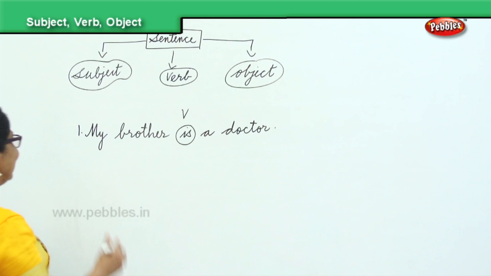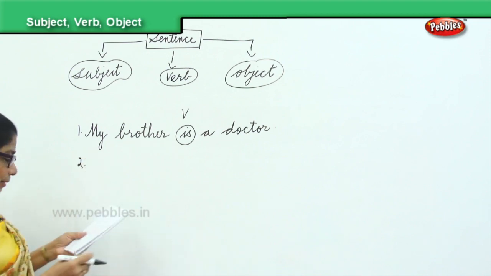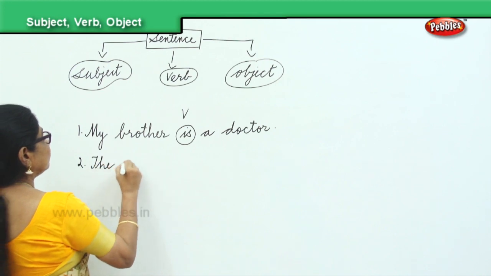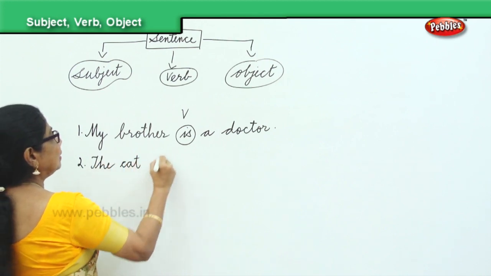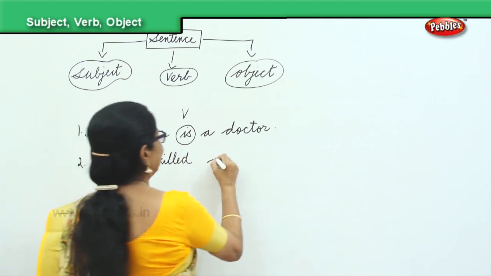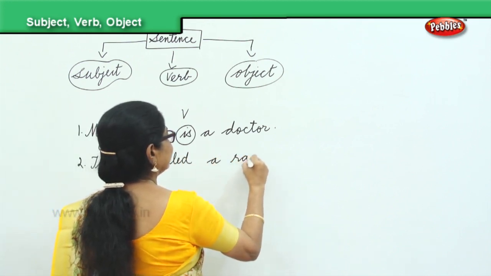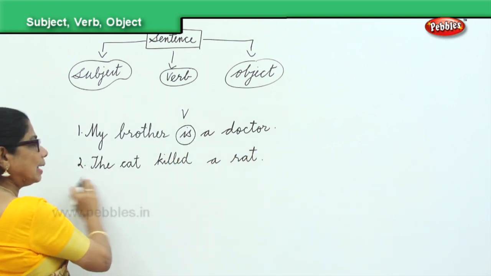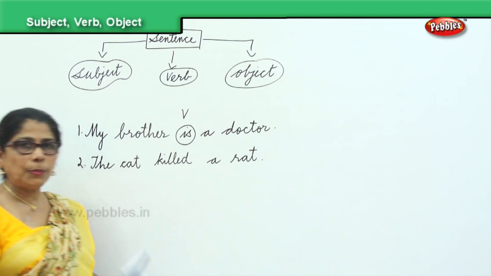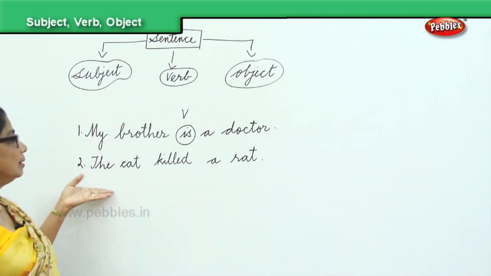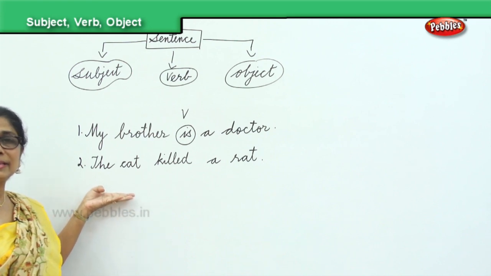I'll give you another sentence. Okay? Now just look at this. The cat killed a rat. It begins with a capital letter and ends with a full stop. We have a sentence here. Now, where is the subject here? The subject is the cat.